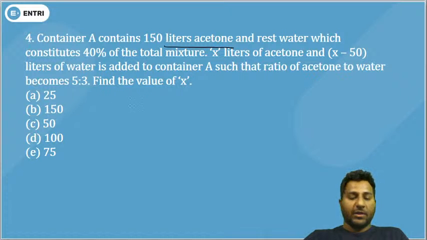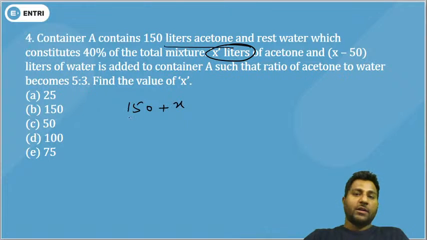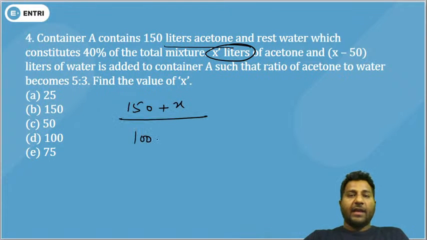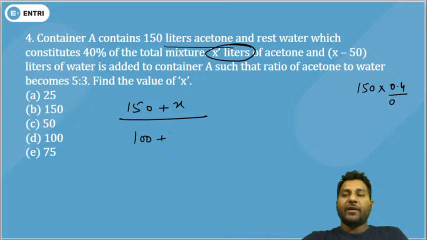All right, got it. So in 150 liter, x liter of acetone is added. Okay, and again the next one will be what, 40% of the total mixture, which means 100x, because we know that 40%, let's take out 0.4 divided by 0.6 to get the value of 100.